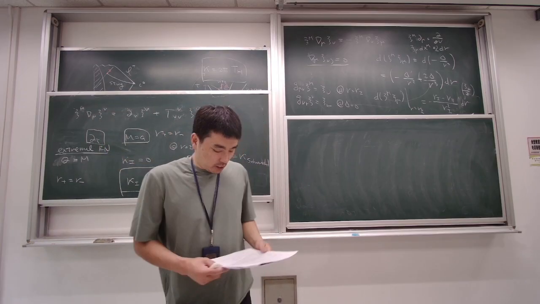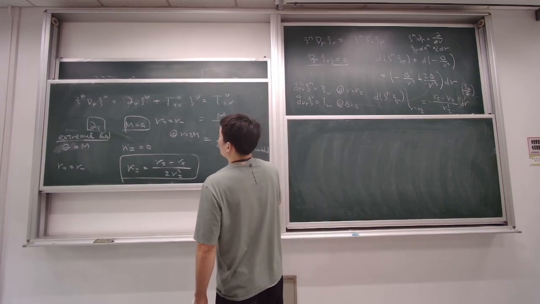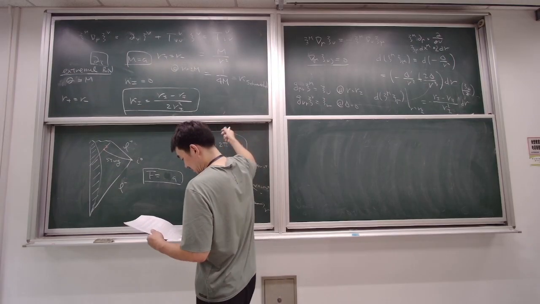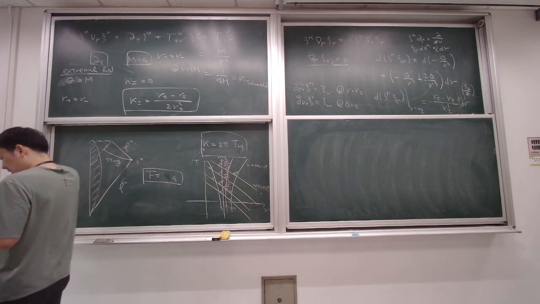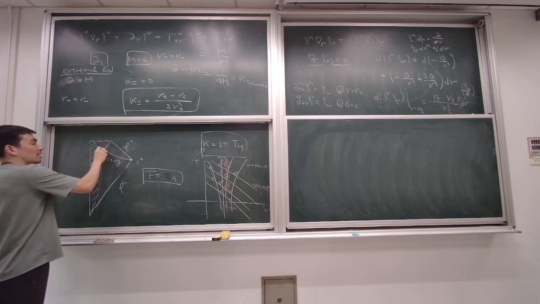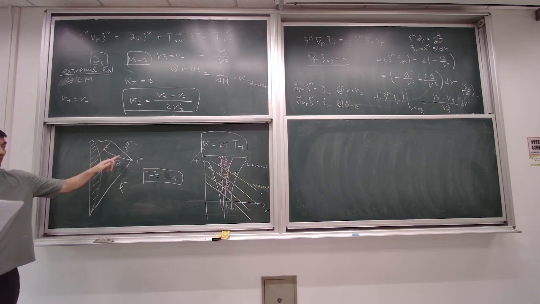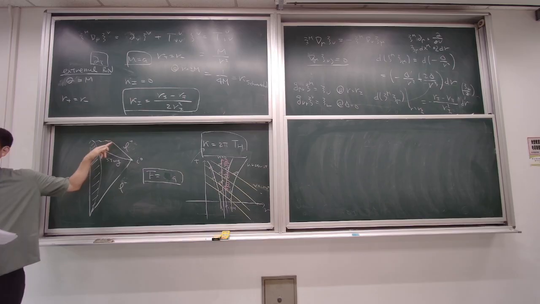Okay, so let's talk about the classical interpretation. As I mentioned, we just put a particle at the horizon, and consider a massless inelastic string connecting an infinitely far away observer and the particle on the horizon.